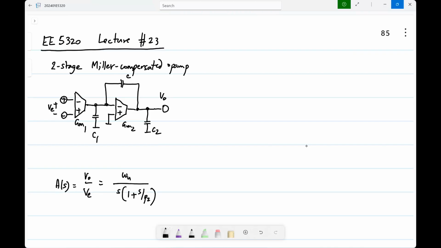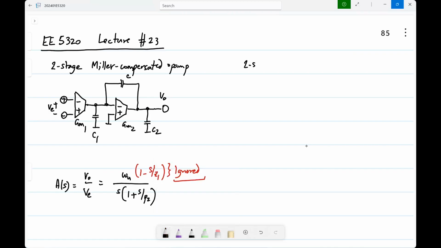And there will also be a zero, which I will ignore for now. Okay. We know what the zero does, and in any case, we will take it into account later.